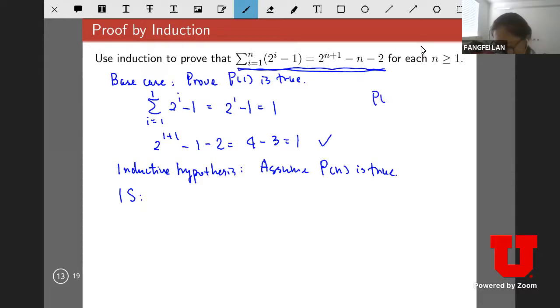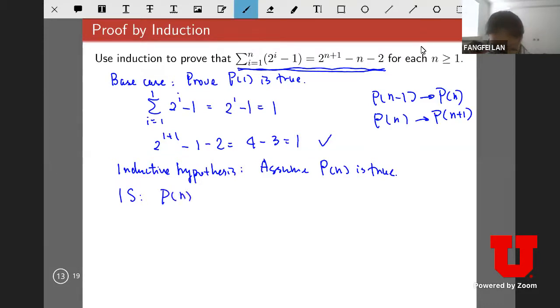So these are the two ways you can do it: either Pn minus 1 implies Pn, or Pn implies Pn plus 1. You can choose whichever. Sometimes one is algebraically simpler than the other, but they shouldn't make that much of a difference.